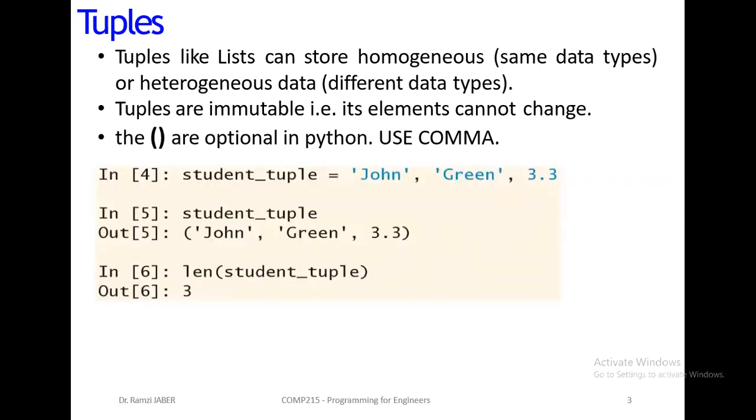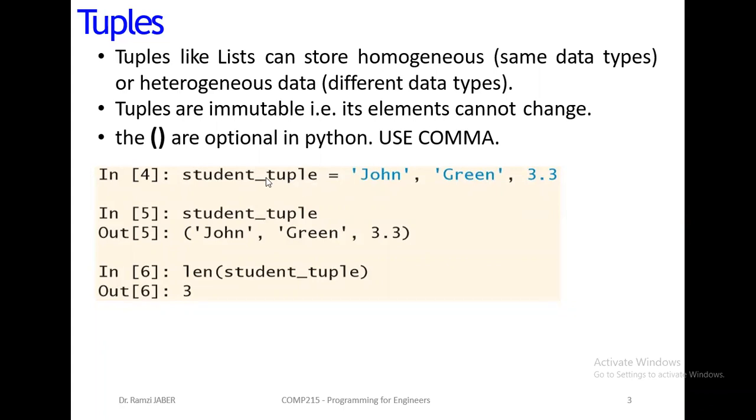Example here: student tuple equals first string, comma, second string, comma, number. If we call this variable, it's a tuple between parentheses. The output is between parentheses, but the input is optional. You can put them or not, it's your option, but it's obligatory to put a comma.